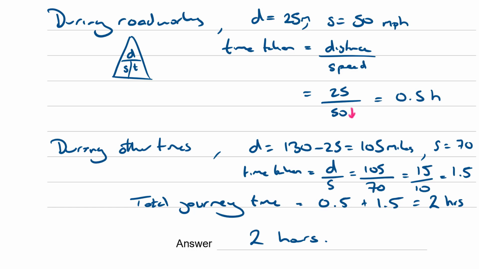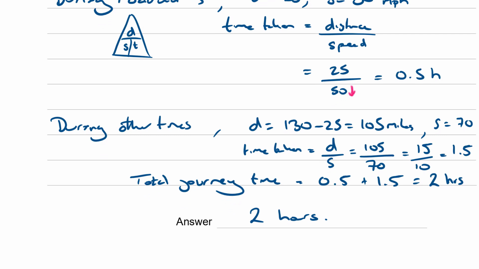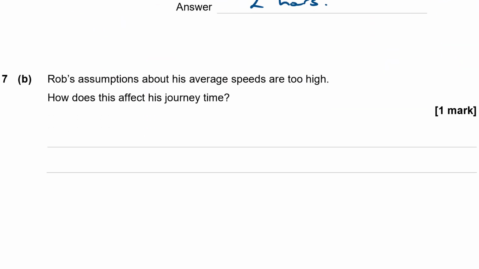And the same is true for the second part of the journey. Again, if this one here is smaller than we thought, then the outcome is going to be larger than we thought. So the times will increase. So if the speeds decrease, then the times will increase.